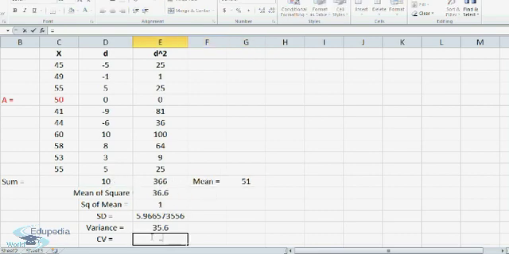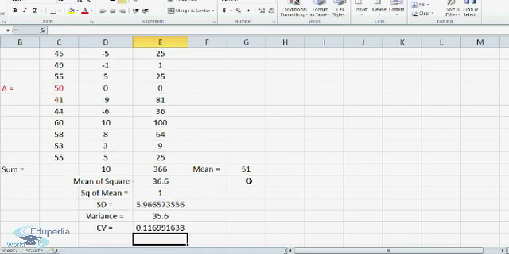So my coefficient of variation will be 5.96 divided by the arithmetic mean, which is 51. Okay, so the coefficient of variation is 0.1169. Well, so that is the process of doing it using the deviation method.